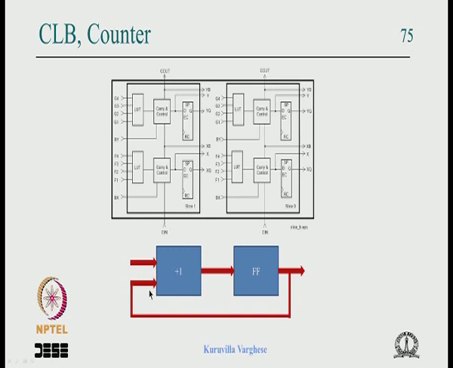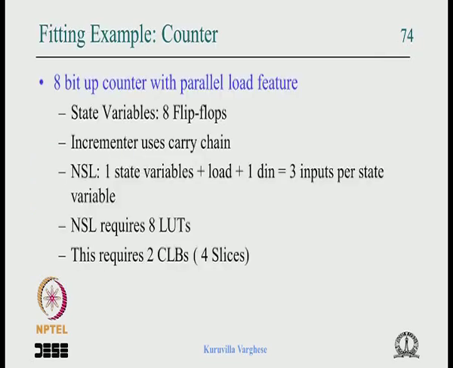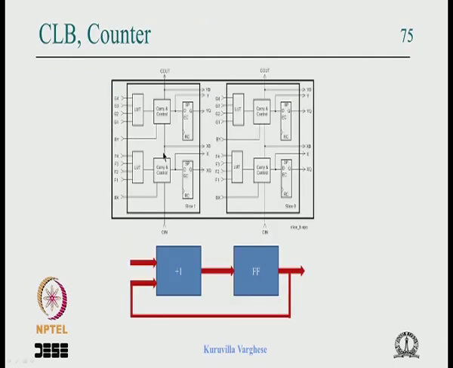Okay. So we come to this 8-bit counter, you need 8 flip flops. Now the incrementer can use carry chain, so essentially we need only 8 lookup tables, and this carry chain will implement the +1. Because you know that you can think of an adder with the carry input as 1, that will implement the +1, and that can go to the flip flops here.